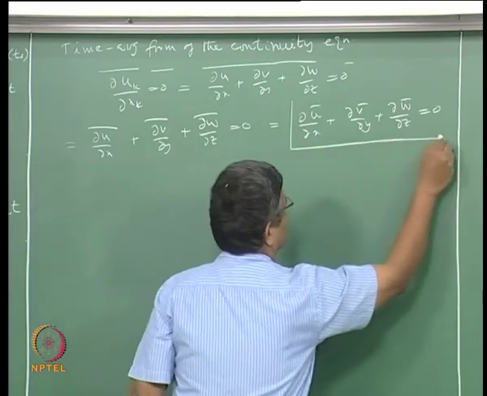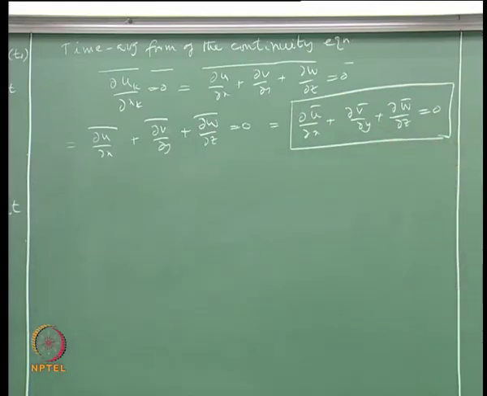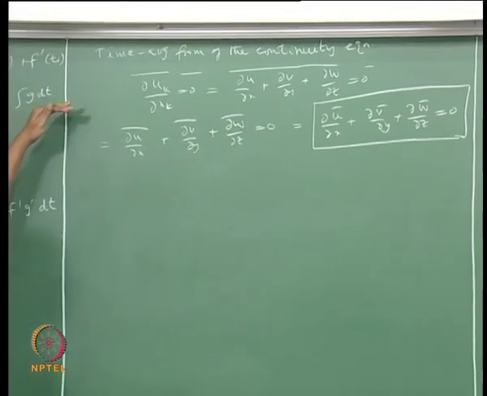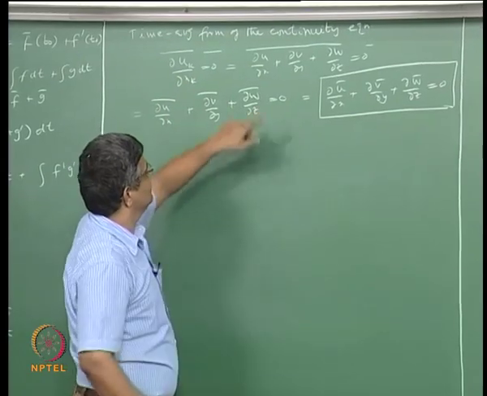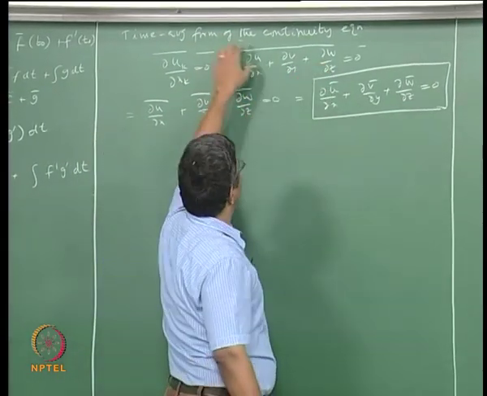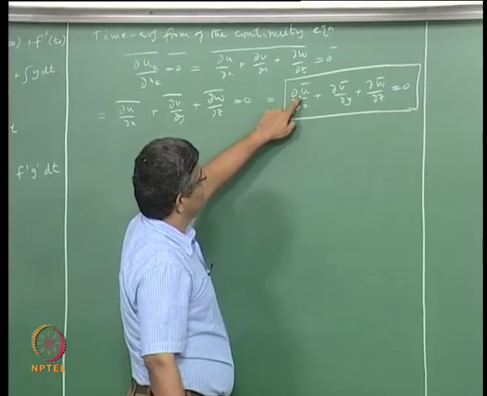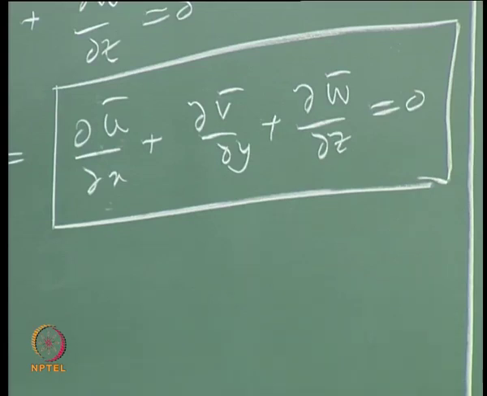Okay, so this is the continuity equation which is time averaged, and we can see that the continuity equation in terms of instantaneous quantities is ∂u/∂x + ∂v/∂y + ∂w/∂z, and the time average form involves the spatial derivatives of the time average quantities.